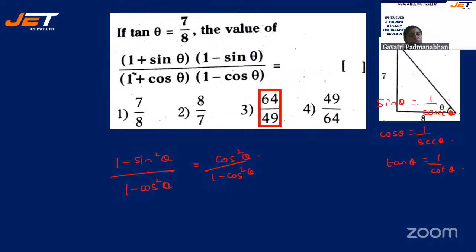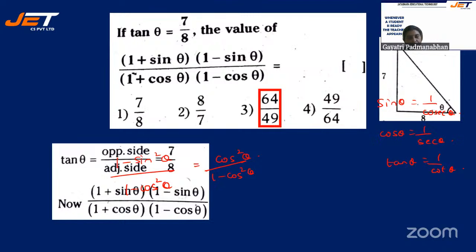All right. So this is one way of solving, or you can draw the triangle and then what is tan? Tan is nothing but the opposite side by adjacent side, which is 7 by 8. Right?